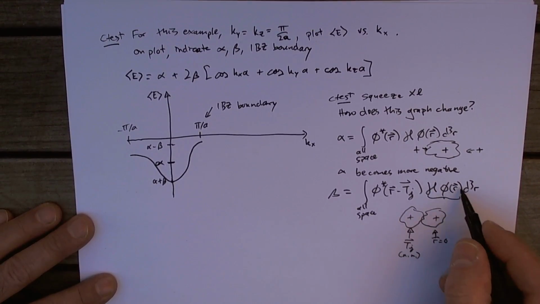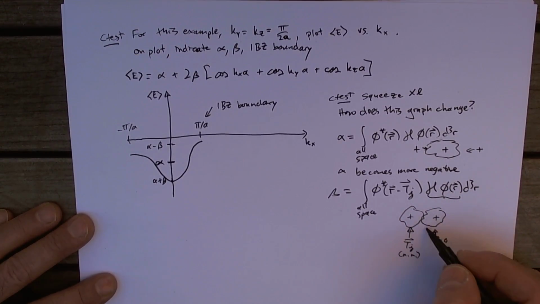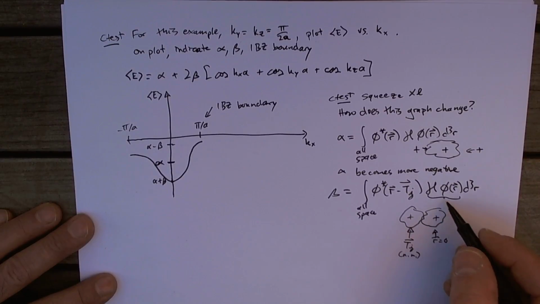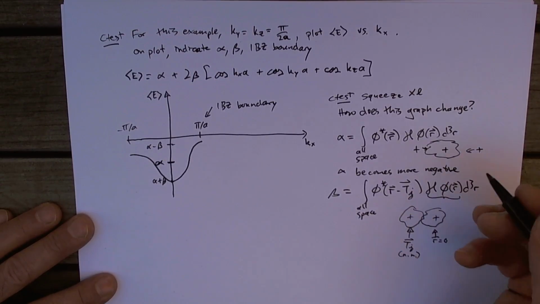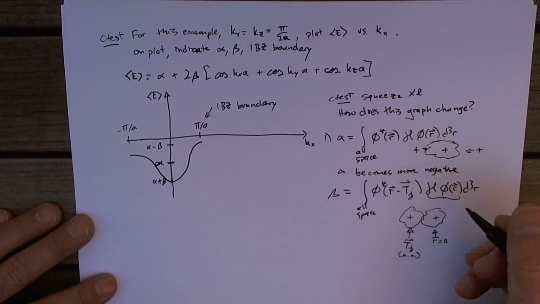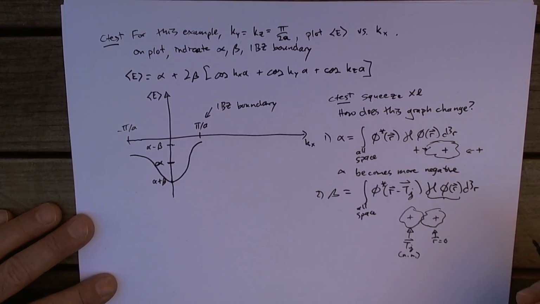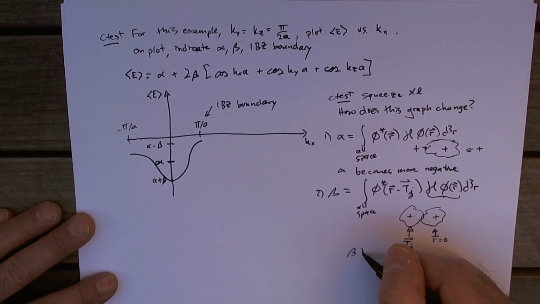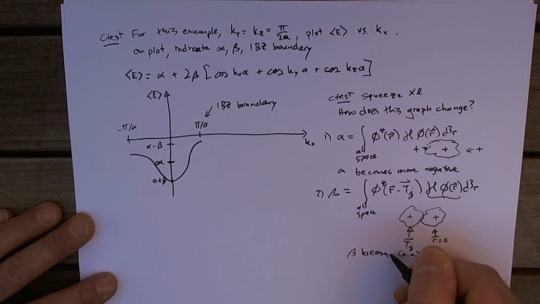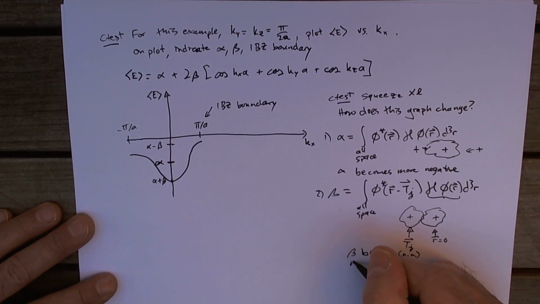So this is only non-zero in the regions where the original wave function is non-zero. So as we squeeze it together, there's more overlap, and beta becomes more negative. So there's three effects. One, alpha becomes more negative. Two, beta becomes more negative.